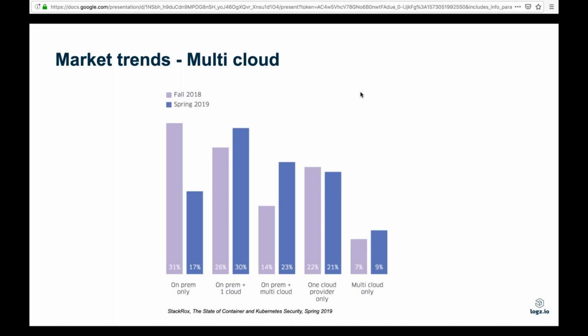And we see the trend growing, with more and more teams moving from on-premises to cloud solutions, across multiple cloud vendors, in order to optimize cost and cover multiple geographies. There are many reasons why teams are adopting multiple cloud solutions.